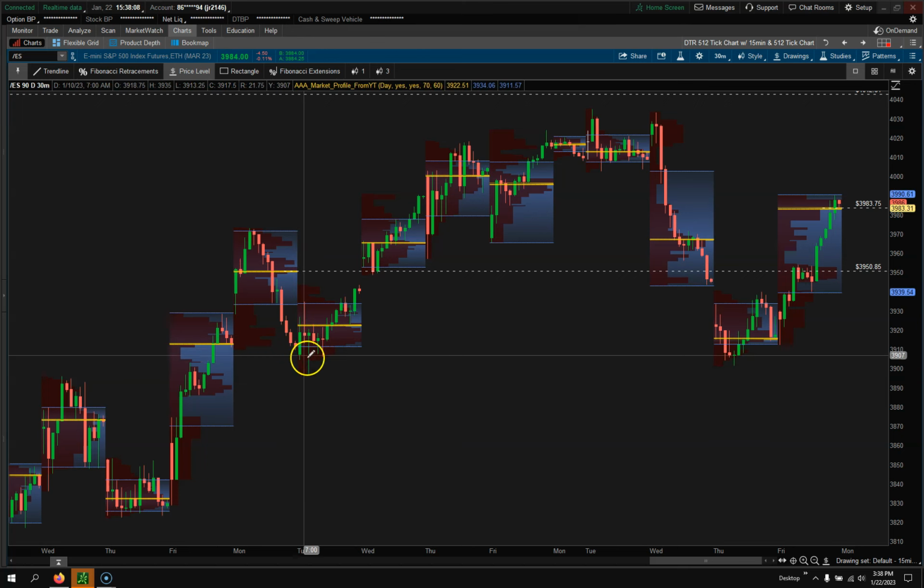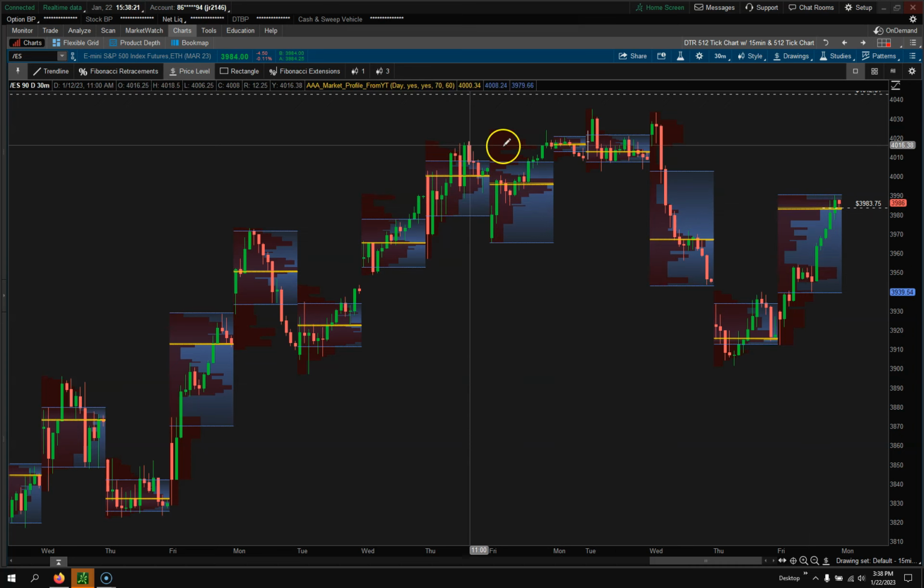We close way down here. Next day, rally, it's still open. Price opens, comes down, could have looked for a long, and then the bounce. And look at the bounce that we had. But right now, from all of this price action, the only clean one is right here. Everything else has actually been taken care of, so there are no other VPOCs.